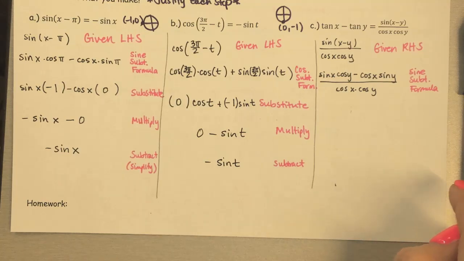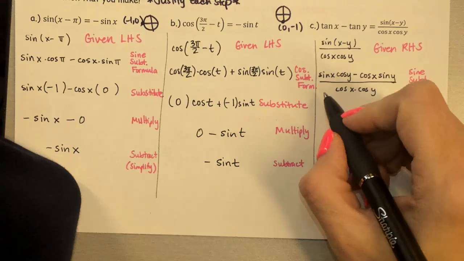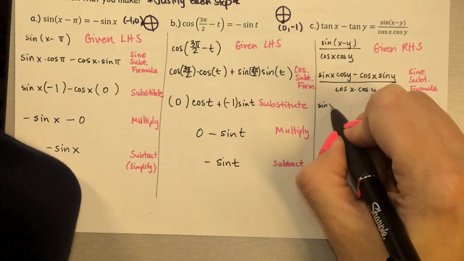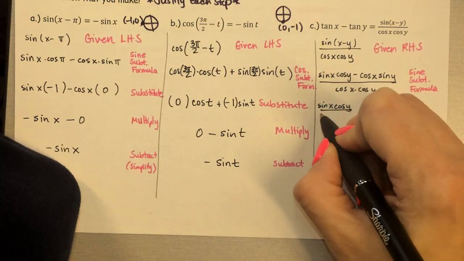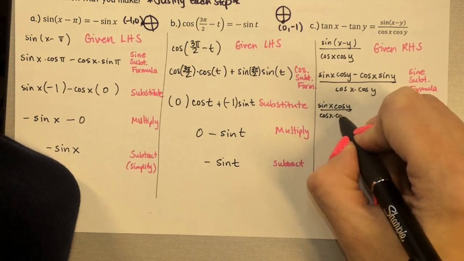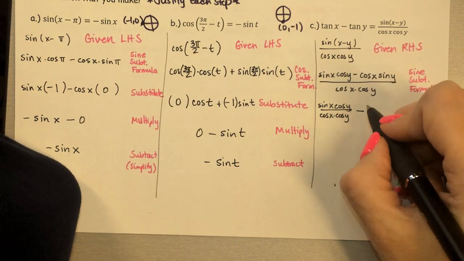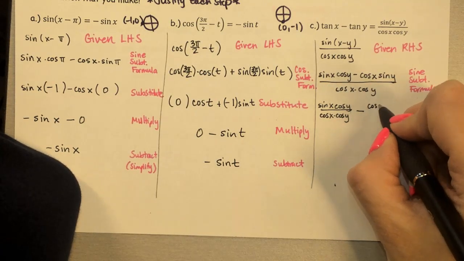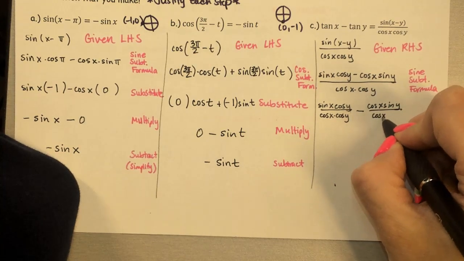What you can do is you can divide each term by the denominator. So you could divide the sine of x cosine of y by the cosine times the cosine. You can divide this by the denominator. And you can divide the second term by the denominator.